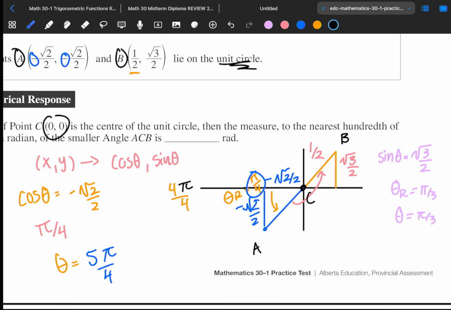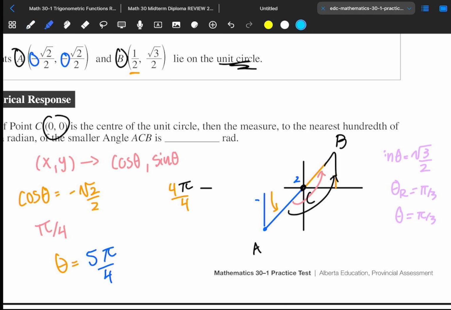Now, to find this angle, all I really want to do is get this angle here, which is A. Sorry, this is getting a bit messy, but you would get this angle A from here to here. And if you subtract this area here, that would be the same as this from here to here. So what we can do is just take our final angle minus our initial angle.